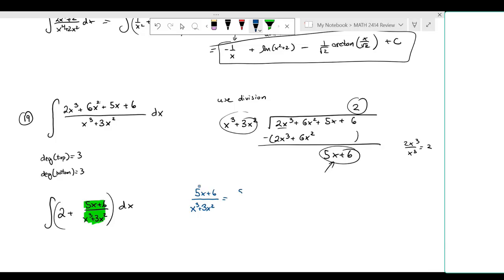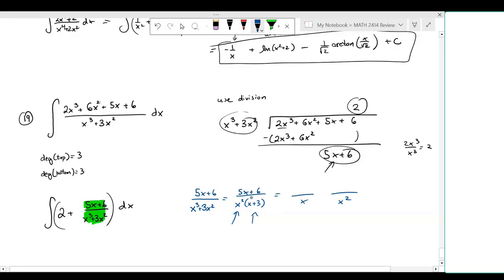So I guess step 1 would be to factor the denominator if it's not done for you. So I see 3 linear factors. One of them has a multiplicity of 2.